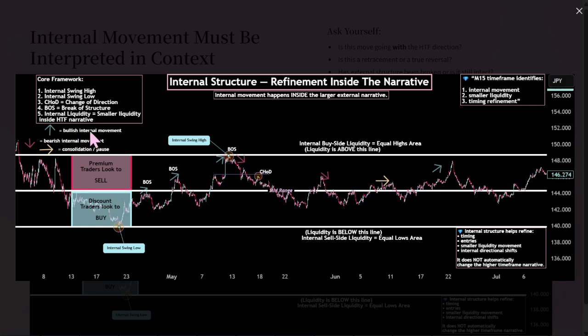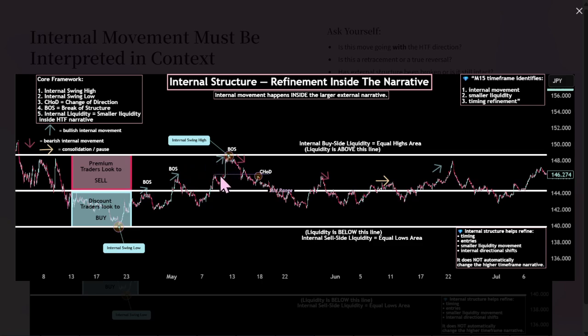The bullish internal movement. Bullish means it buys. Bearish means that it is selling. And consolidation is moving sideways. And how I was telling you guys, it shows you the internal movement. You see when the structure is breaking and it makes a higher high and it continues making a higher high.